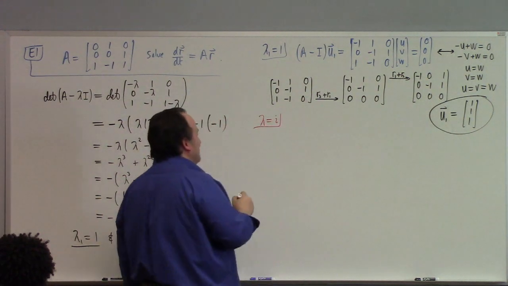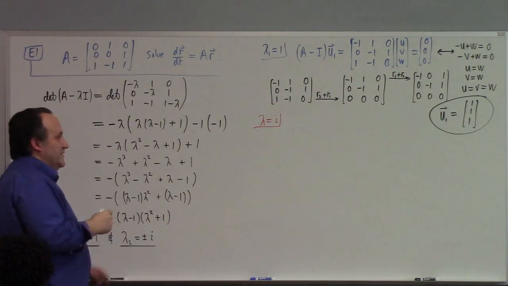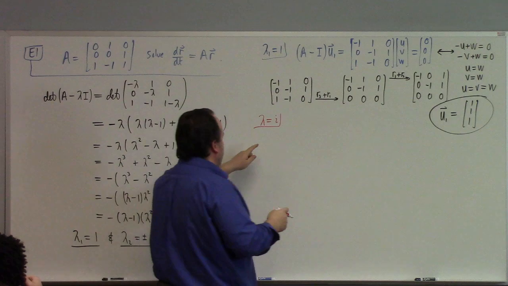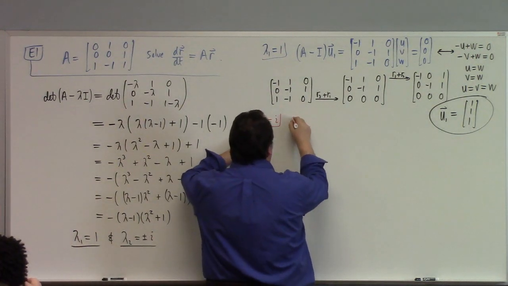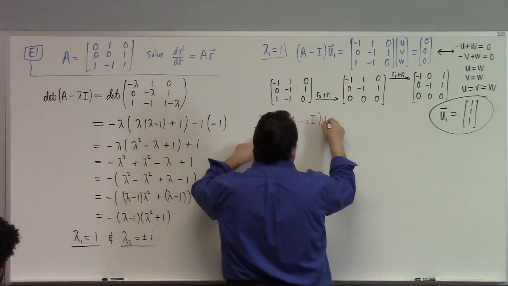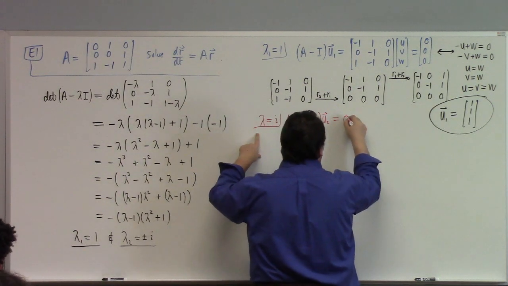But anyway, lambda equals i. So there's your eigenvector for eigenvalue 1. We got that one. Now for eigenvalue i, I need to look at A minus iI times, let's say, u2 equals 0.